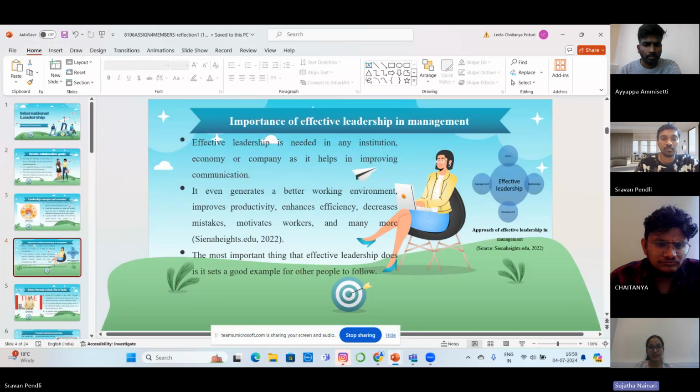So in this slide, we can see the importance of effective leadership in management. There are different categories and types of leadership based on the way leaders make decisions and their characteristics. However, the most common leadership styles are authoritative, democratic, transformational, disruptive, and charismatic. Any organization, whether it's a business, school, or government agency, requires leaders to direct the way.